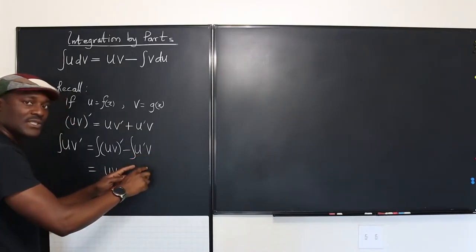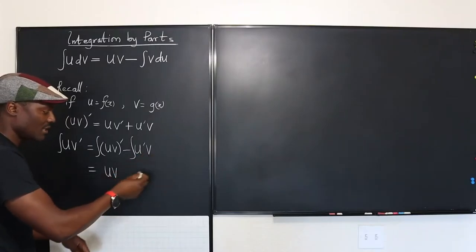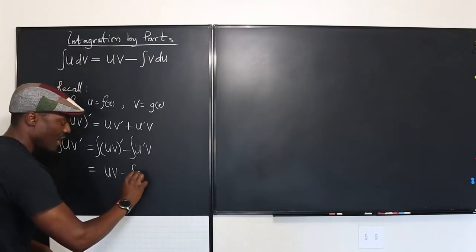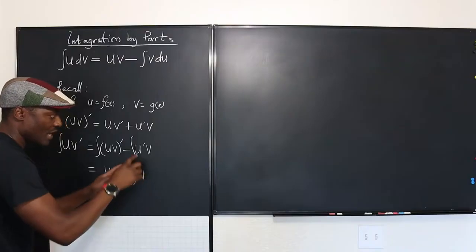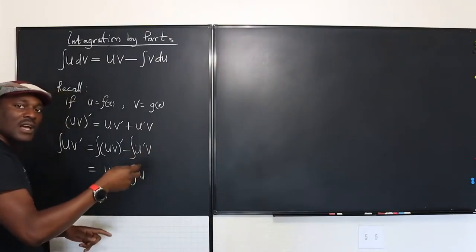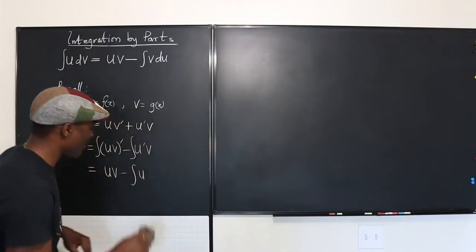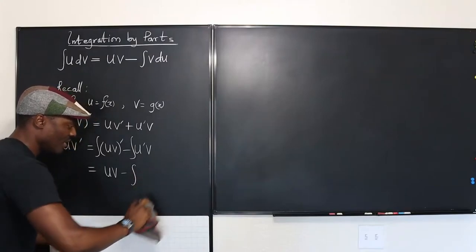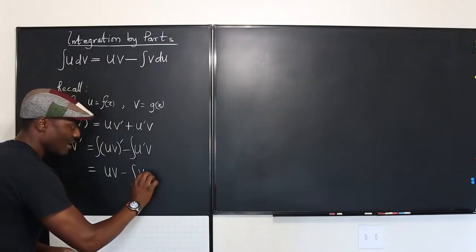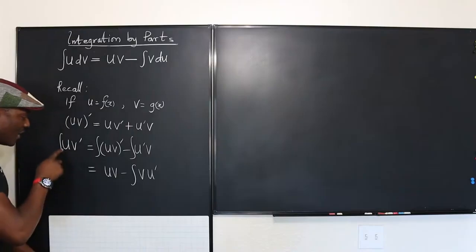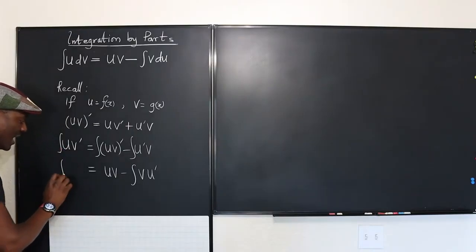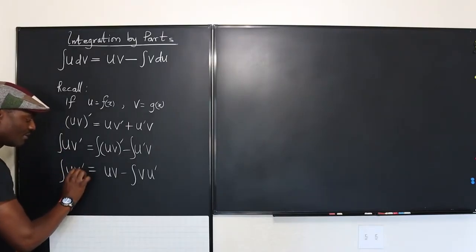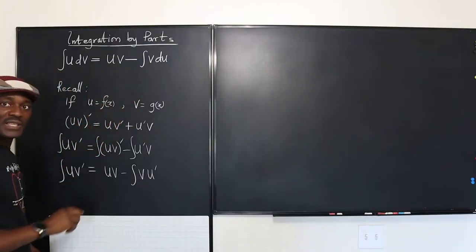Not all of this is integrated or differentiated, so we just have to leave it that way. It's v times u', and on this side it's going to be the integral of u times v', and that's what this is.